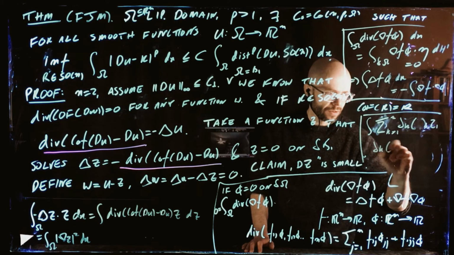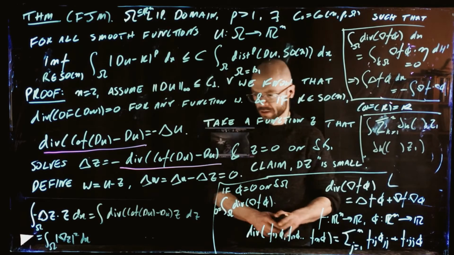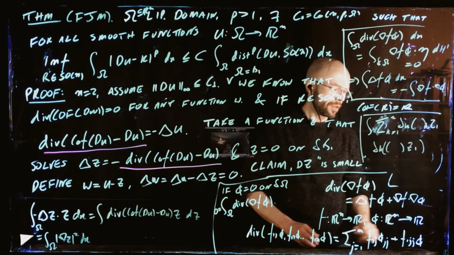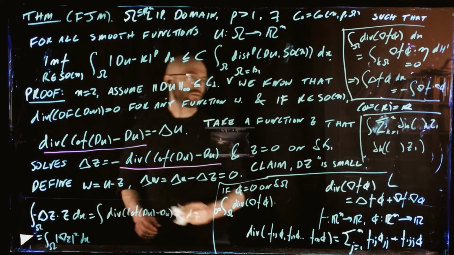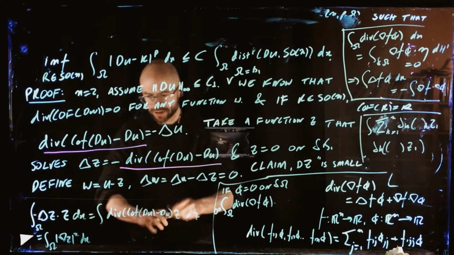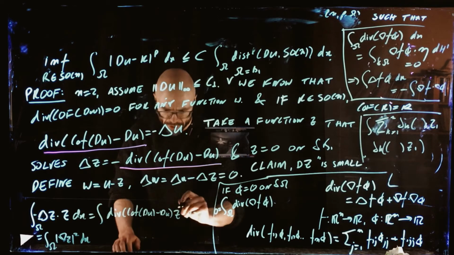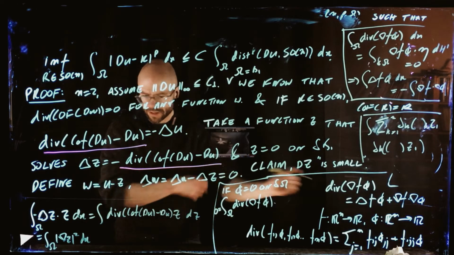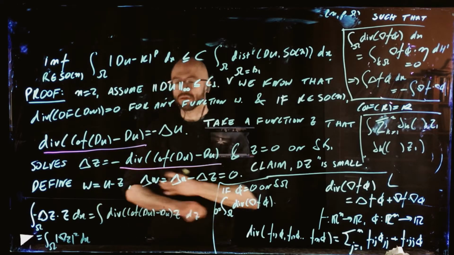If we have the partial of this thing times z1 like this, then that's equal to 0. Let me raise the board somewhere. This is meant as a vector identity, so this is the divergence of the first row times the first coordinate, so I should have a dot here, and then the divergence of the second row times the second coordinate.